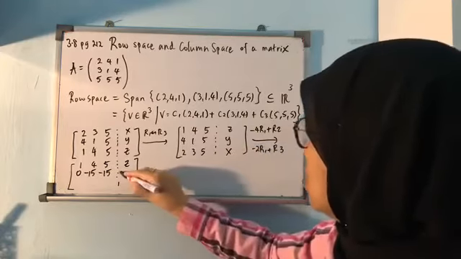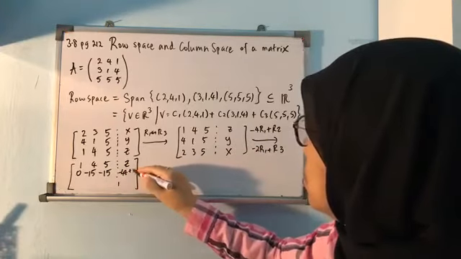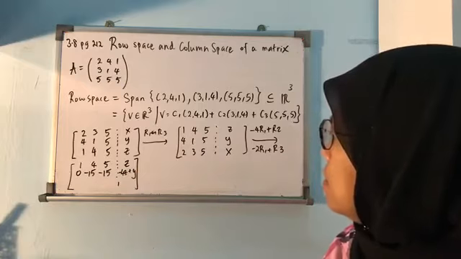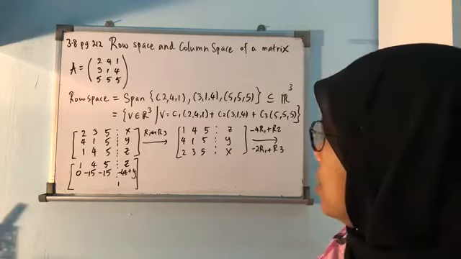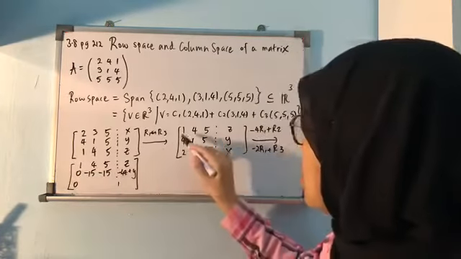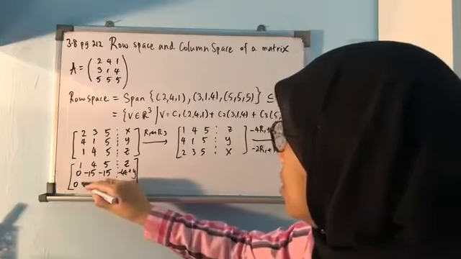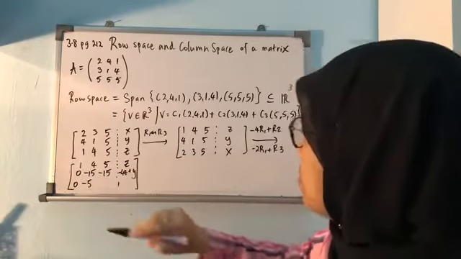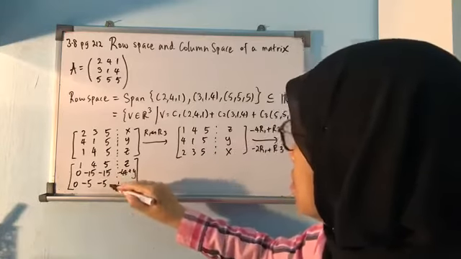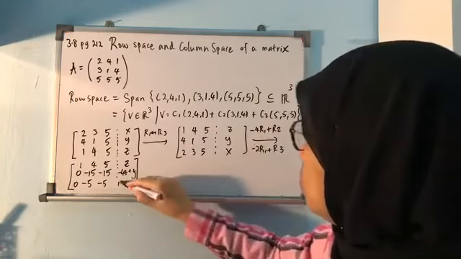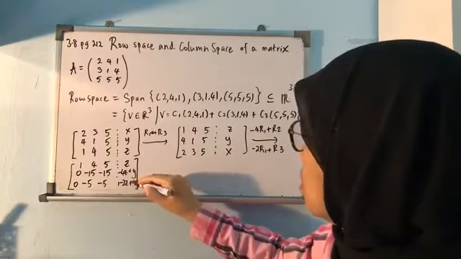This one is negative 4Z plus Y. Okay, then negative 2 and add, negative 8 and add, negative 10 and add, negative 2 and add.